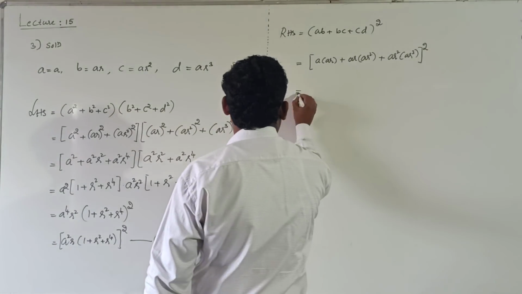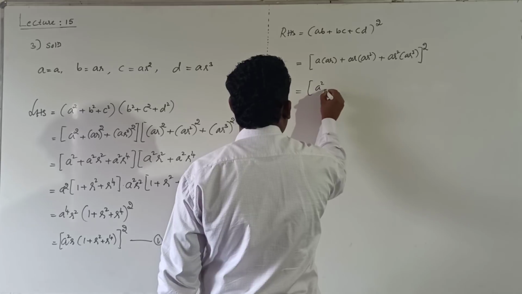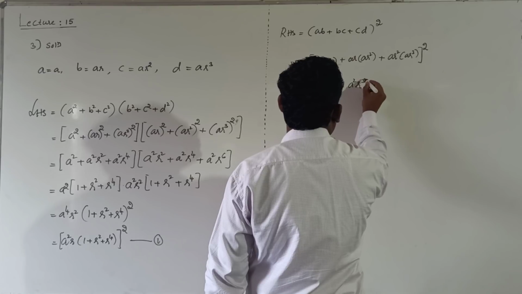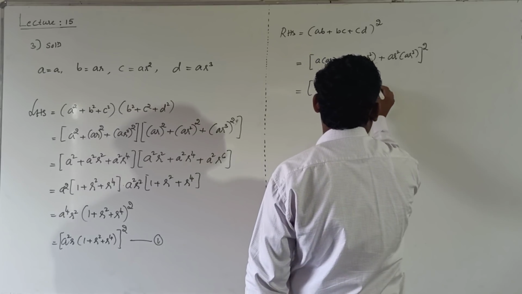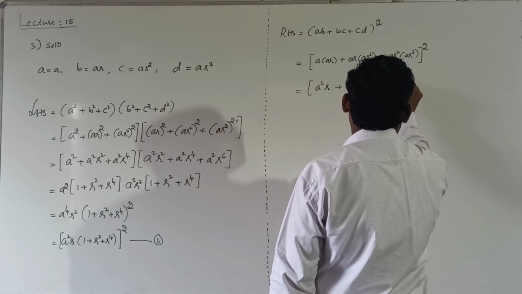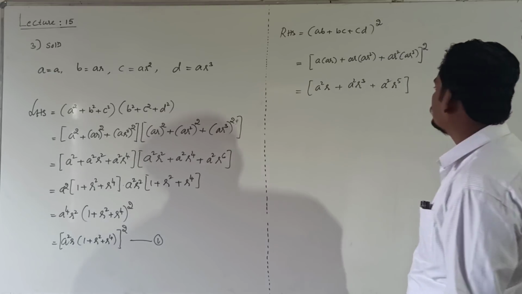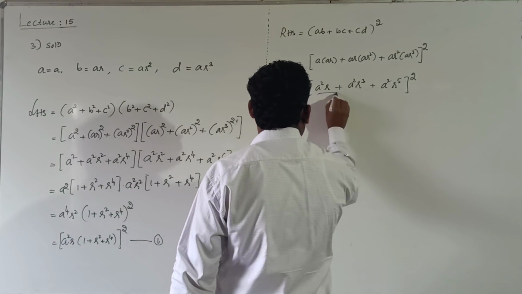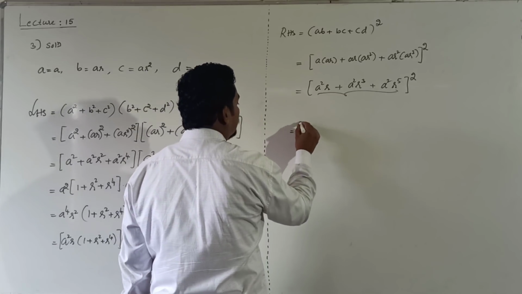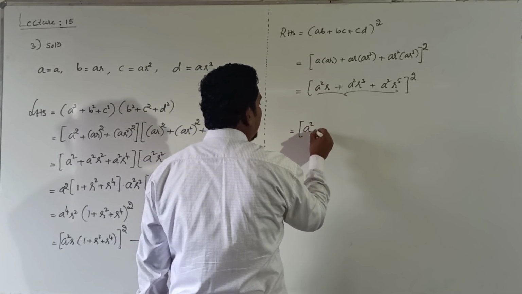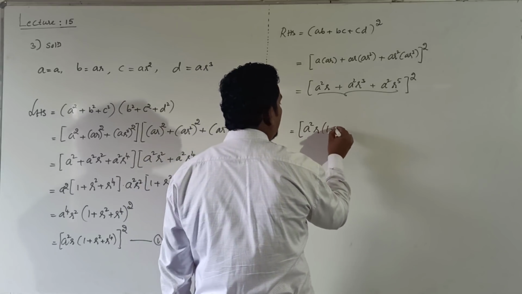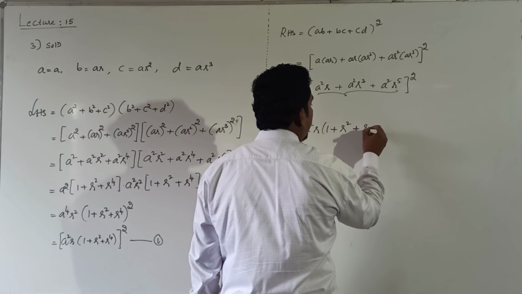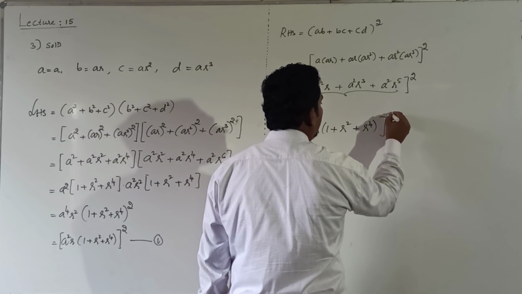After this, a square r plus a square r cube plus a square r power 5. Now the whole square remains as it is. From these terms what is common? a square r taking common, then we get (1 plus r square plus r power 4) whole thing power 2.